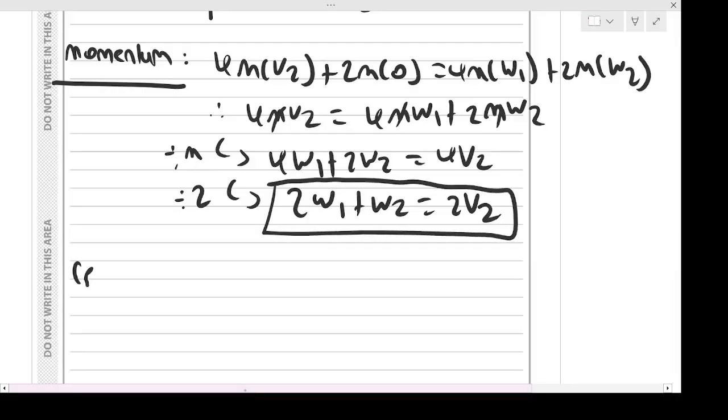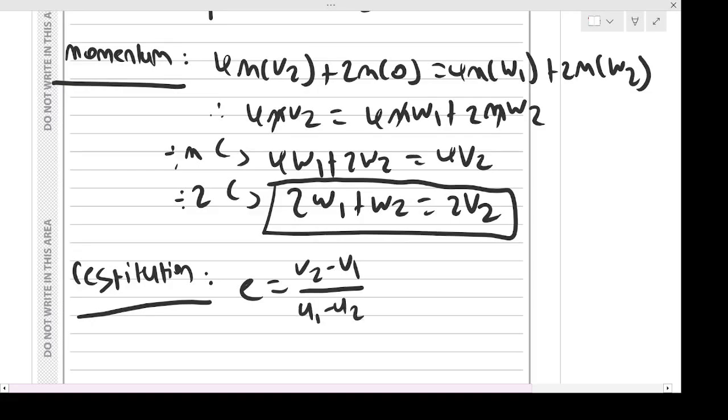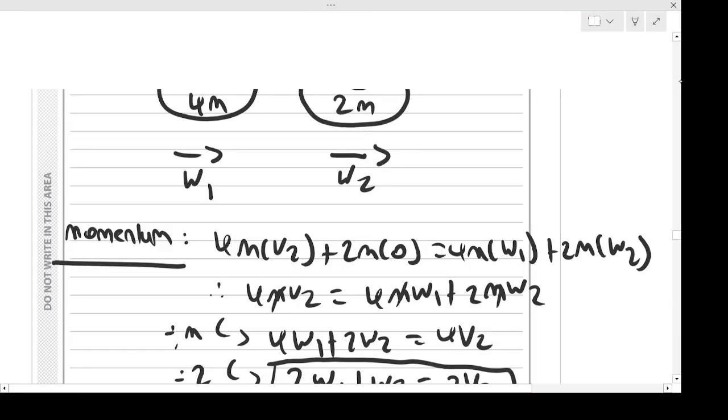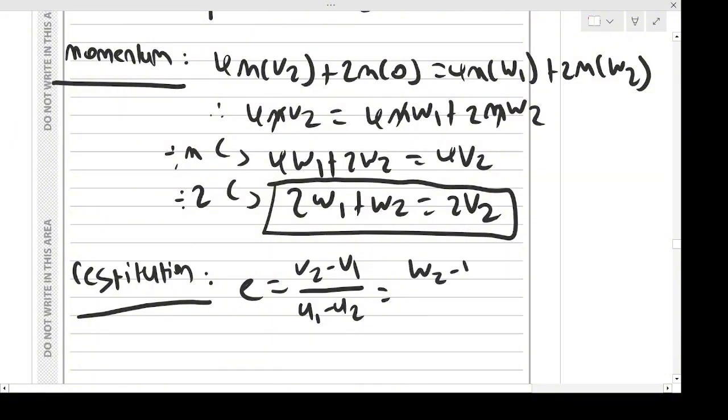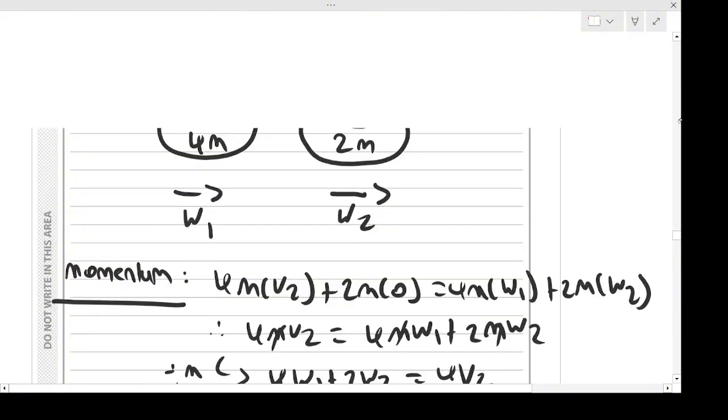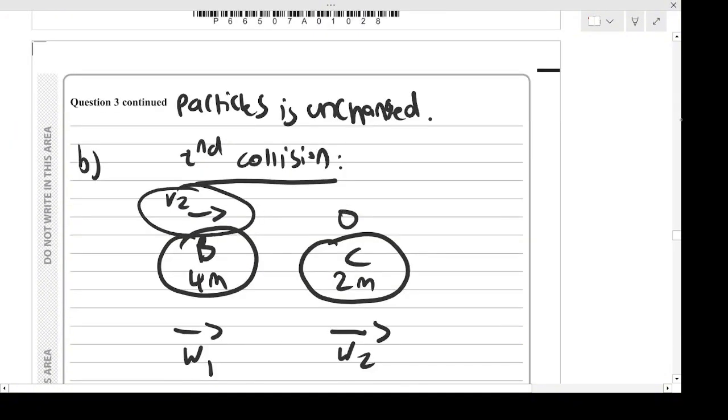And so then we can also use restitution. So that's going to be E, which again is V2 take away V1 over U1 take away U2, which is my standard formula. So in this case, we have W2 take away W1 on the top. And then on the bottom, U1 take away U2, well, it's going to be V2 take away 0.